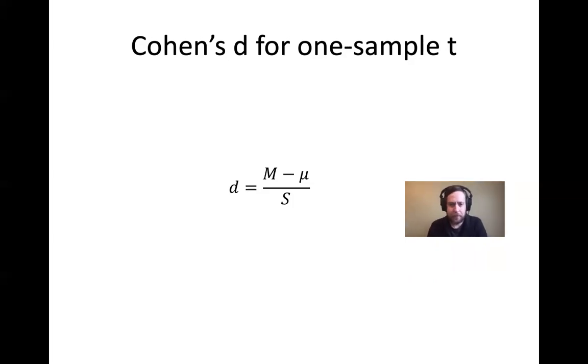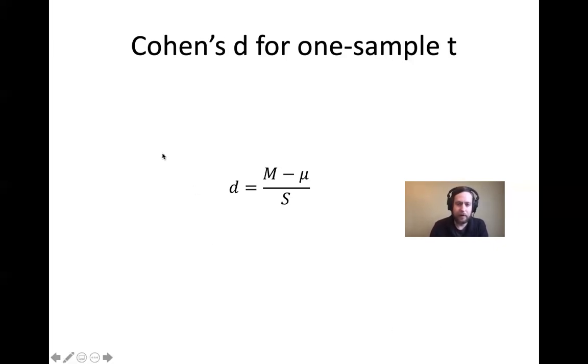I want to remind you that when we're doing the z statistic, the thing that we know that we don't know for the t statistic is, in the z statistic, you know the population standard deviation. For the t statistic, we do not know the population standard deviation. Instead, we will use the sample standard deviation for the t statistic. And you can see this basic difference between z and t when you're looking at the equation for Cohen's d right here.